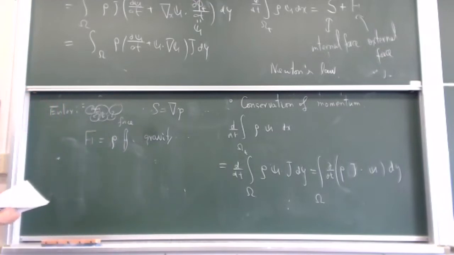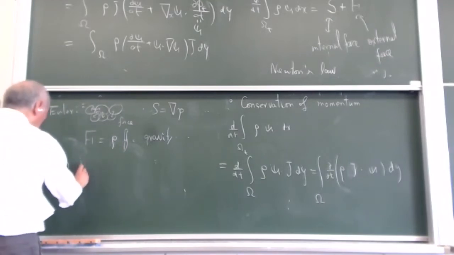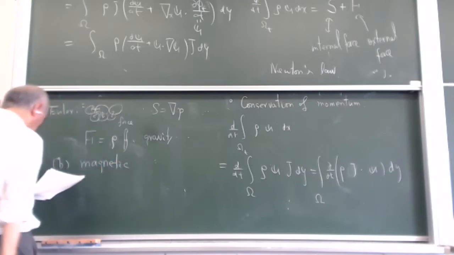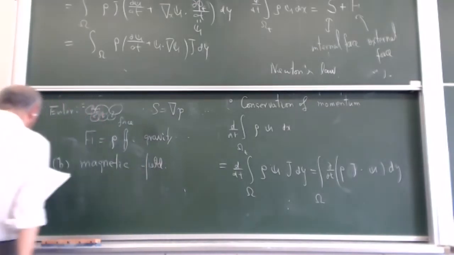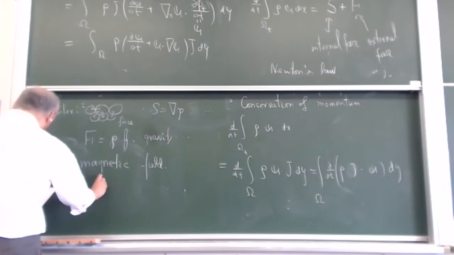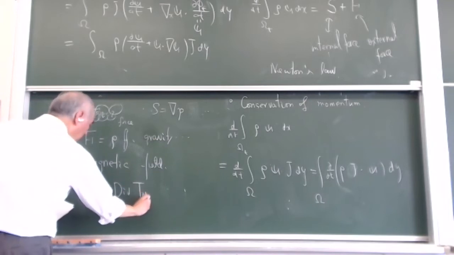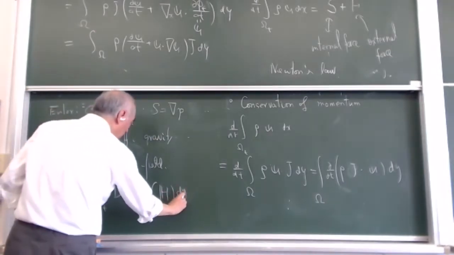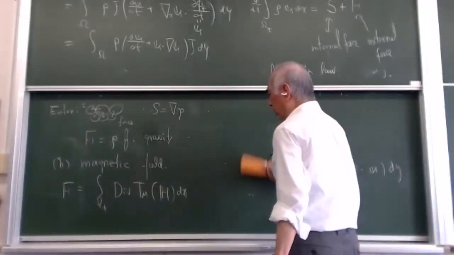But for example, you can also consider a magnetic field. In this case F is very complicated.